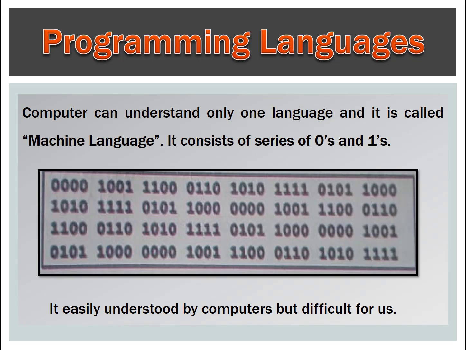Programming language. Computer can understand only one language, and it is called machine language. It consists of series of zeros and ones. This picture is the example of machine language. It is easily understood by computer but difficult for us.